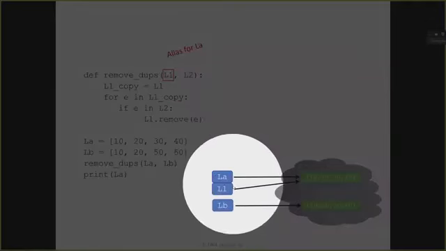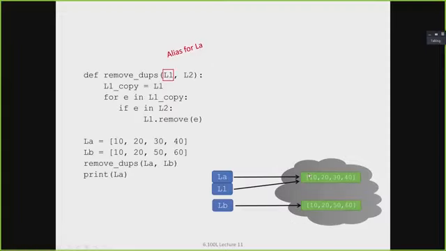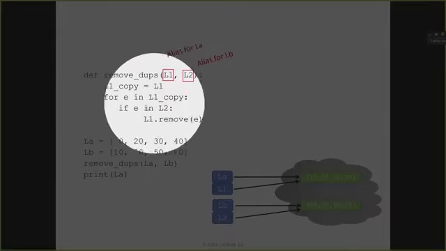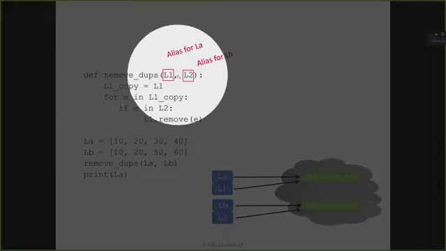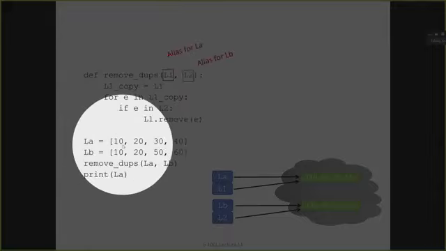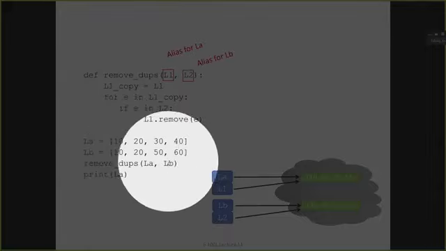Here, I've got two names for the same object. And L2 will point to LB. Two different names pointing to the same object. And that's why when I'm iterating through and doing whatever I am doing to these formal parameters, Python actually mutates the objects that were passed in.